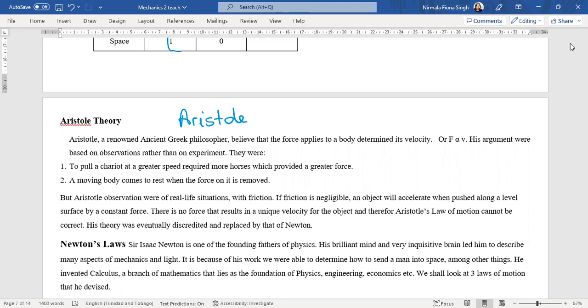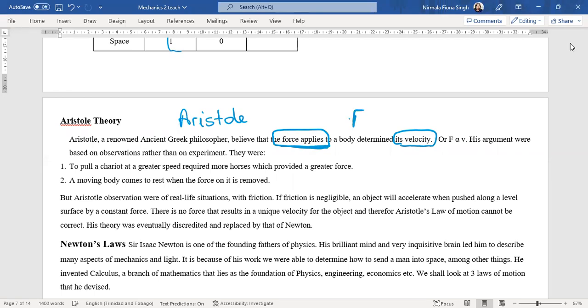He was looking at how forces acted on bodies, or how motion generally moved, and how motion changed and reacted to the world around it, right? And he believed that force was a result of velocity. He was kind of right a little bit, but his thinking or his methodology was a little flawed. So let's see what he did.